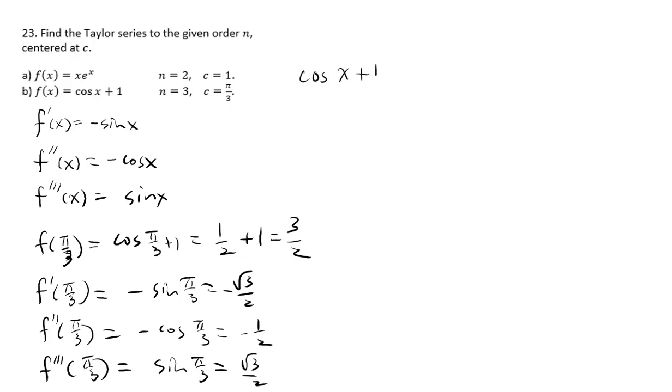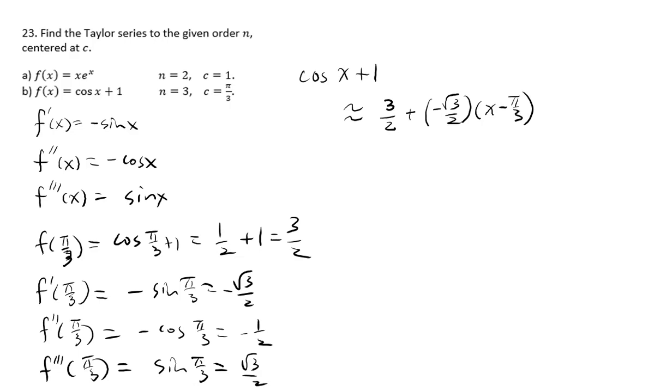cosine of x plus 1 is approximately equal to 3 over 2 plus negative radical 3 over 2 times x minus pi over 3. Remember, it's f prime divided by 1 factorial.